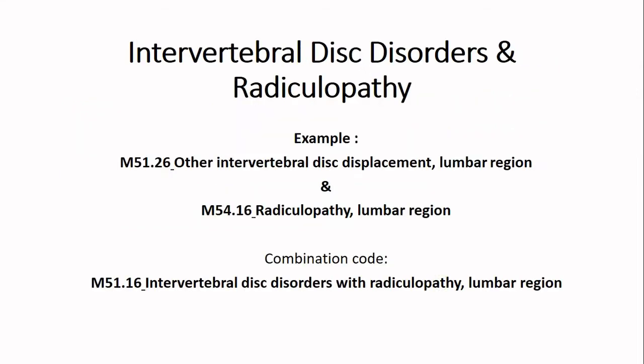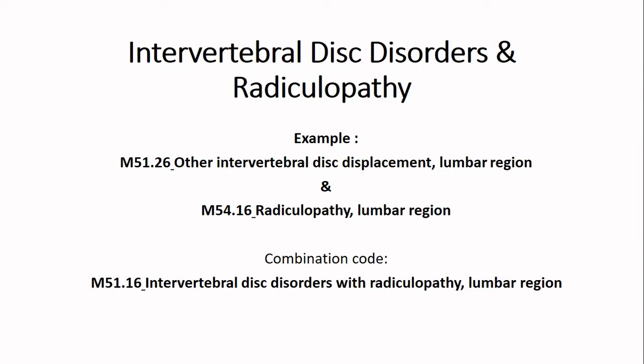So let us check a few examples. Here one is intervertebral disc disorder with radiculopathy. For example, there are two codes: M51.26 for other intervertebral disc displacement, lumbar region, and M54.16 for radiculopathy, lumbar region.